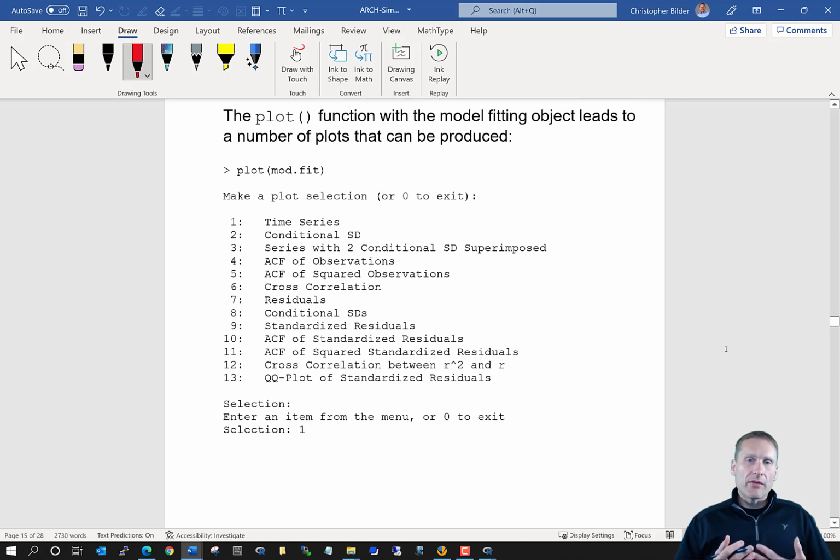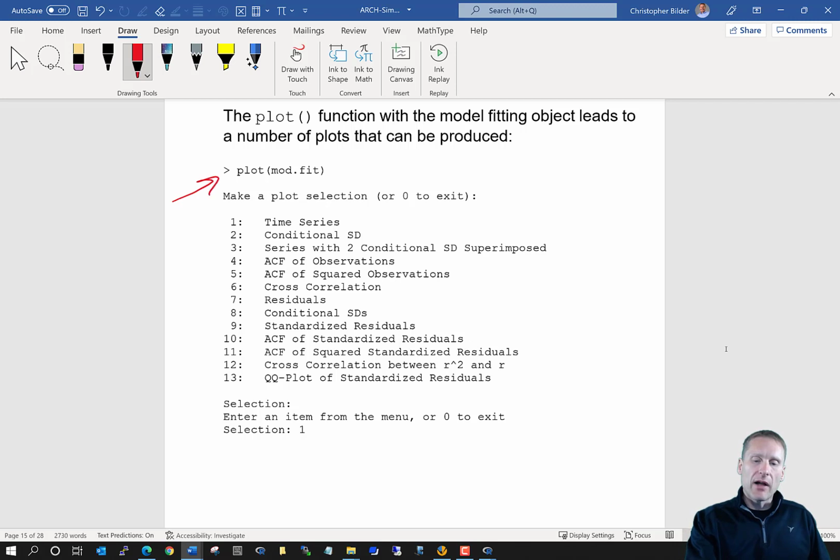Now, the authors of this particular function have set up a method plot function to work with the generic plot function to do some typical plots that one would like to do.